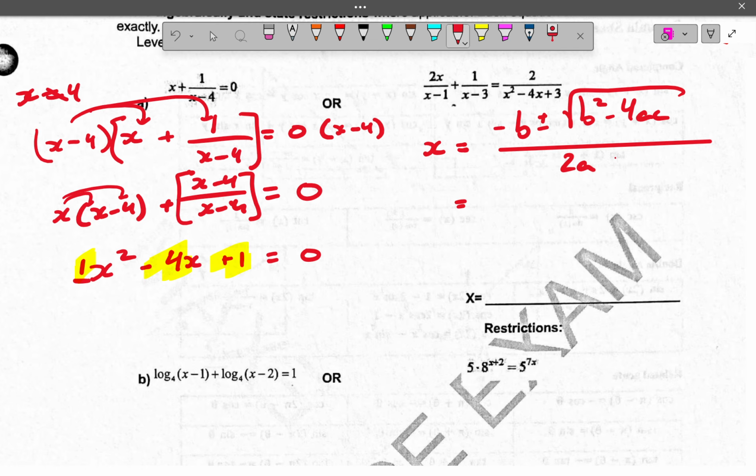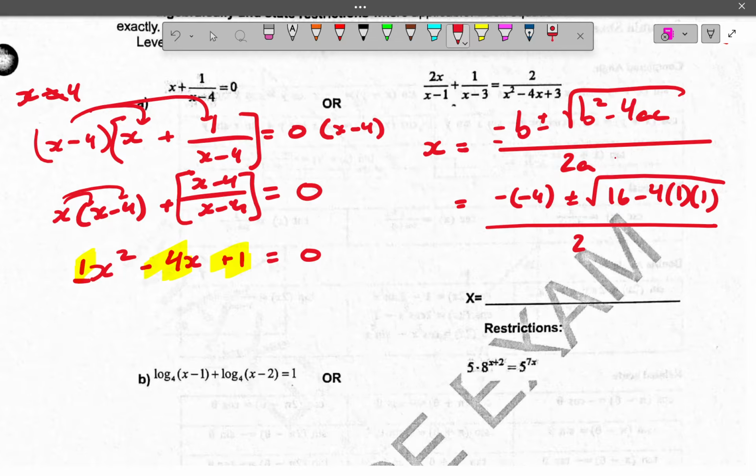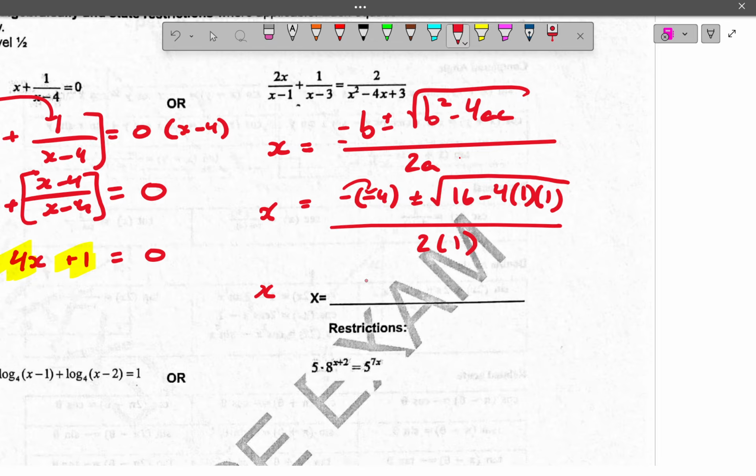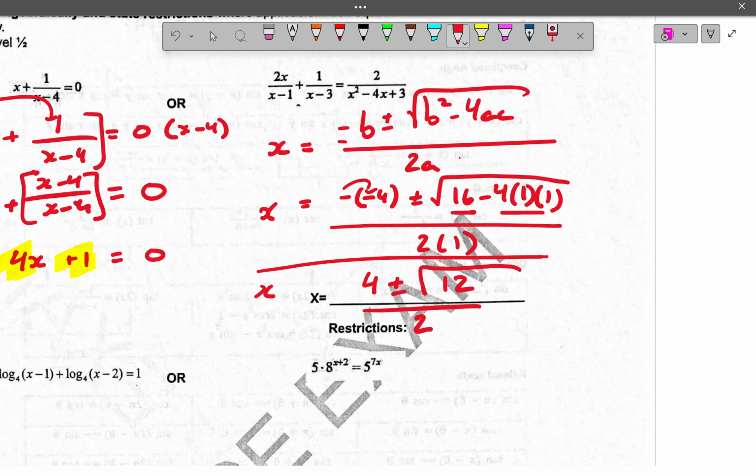So we have negative b, or negative negative 4, plus or minus the square root of 4 squared, so 16, minus 4 times a, which is 1, times c, which is 1, divided by 2 times a, where a is 1. And then we just have to simplify this. So our answer here would be, this negative and a negative makes positive, so you get 4 plus or minus the square root of 16 minus 4, or 12, divided by 2.